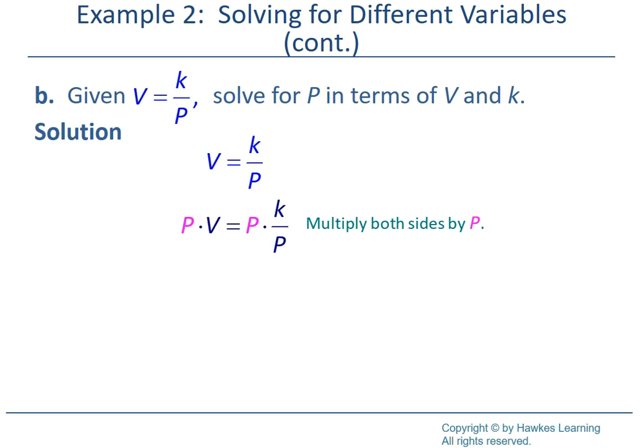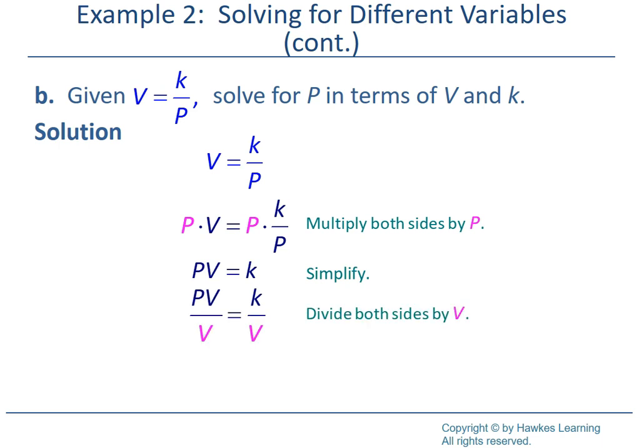Again, you want to eliminate the fraction by multiplying both sides by P, and then you want to divide both sides by V to isolate the P, and there is your answer.